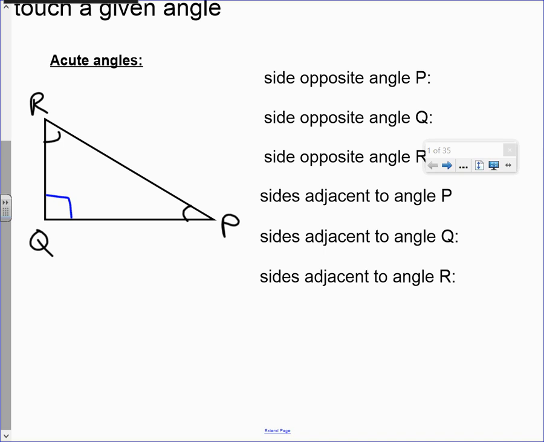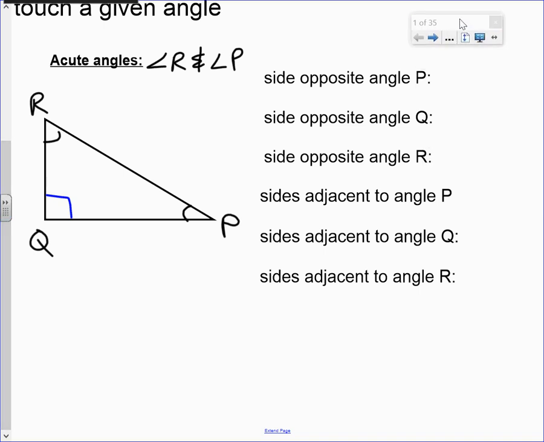Right where it says acute angles, put angle R and angle P. They even look less than 90 degrees just by looking at them.